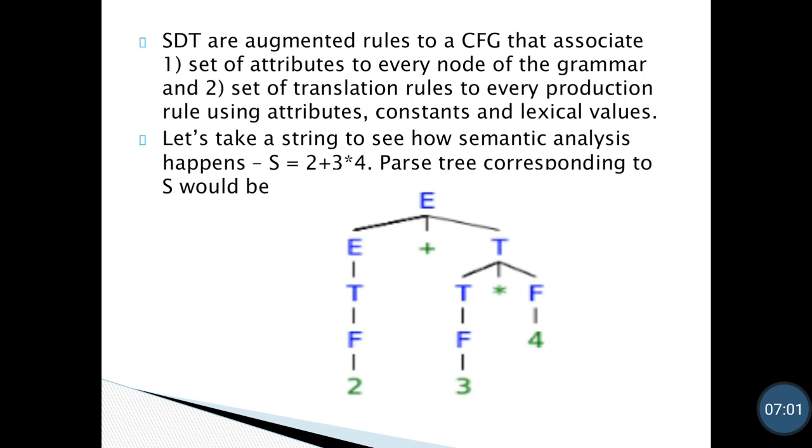Let us take a string to see how semantic analysis happens. Consider S is equal to 2 plus 3 into 4. The parse tree for this string will be E goes to E plus T, E goes to T, T goes to F, and F will point to some integer value, and on the right hand side T goes to F into T and F will point to some integer value.